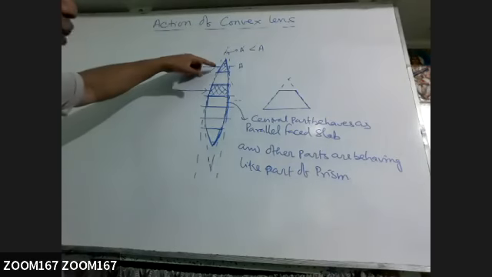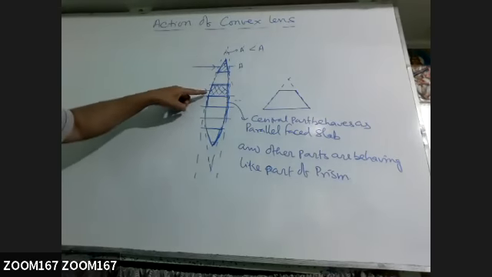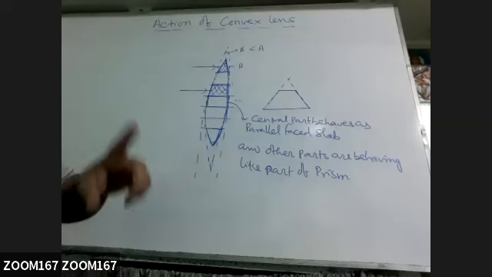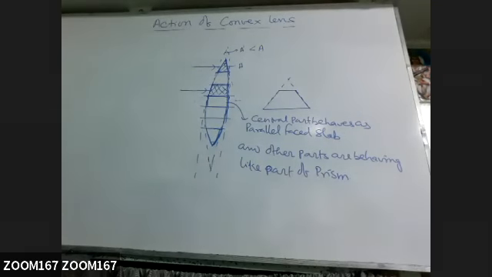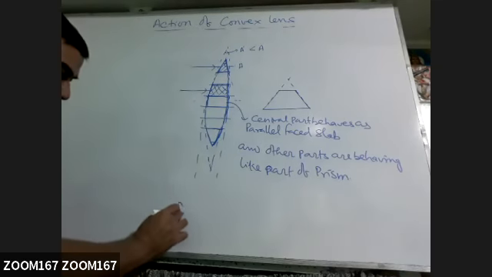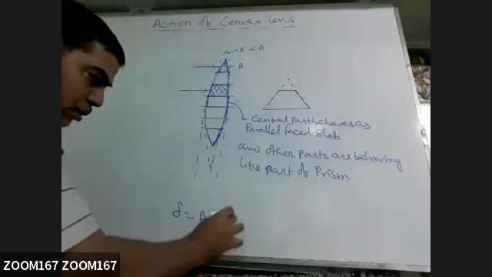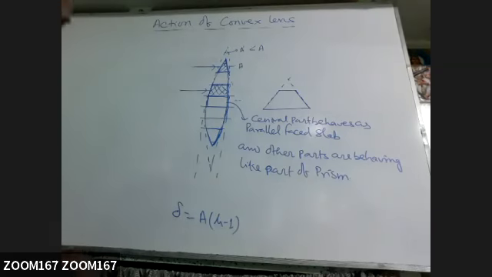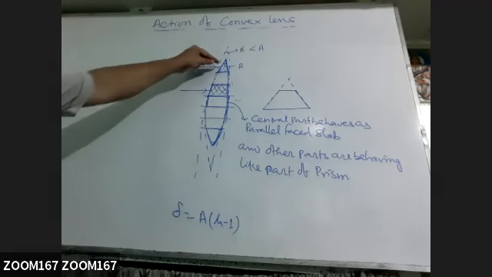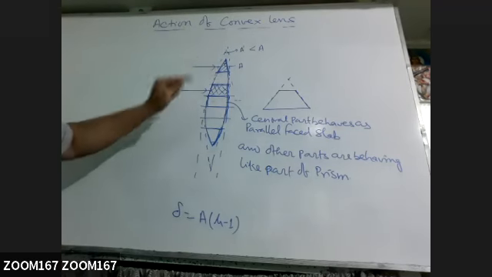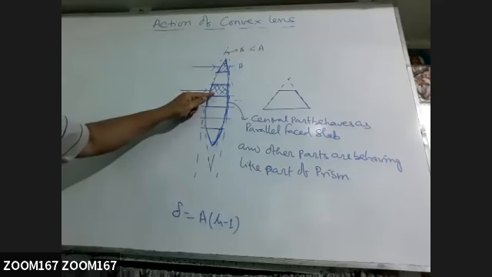Then the deviation produced by this will be more than this, because deviation depends on the angle of prism. We have done that relation. So if the angle of prism is more, deviation is more. So this part will produce more deviation, this part will produce less deviation.